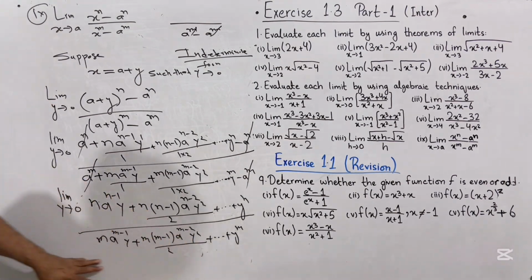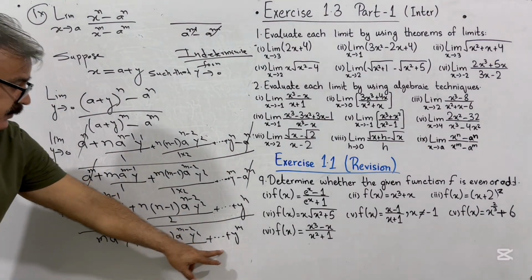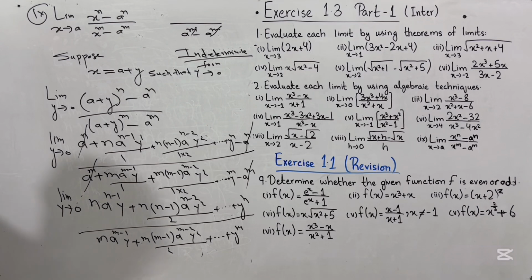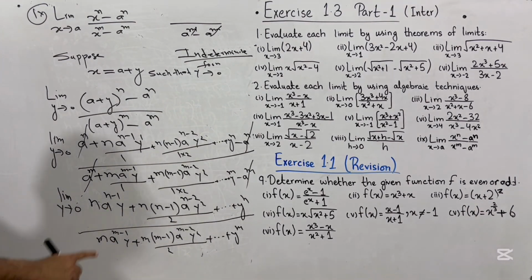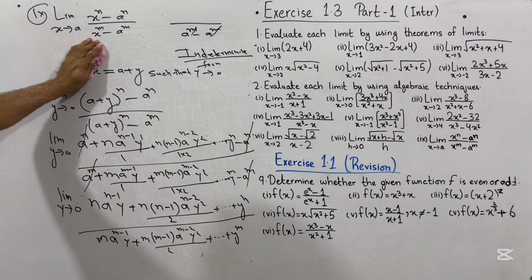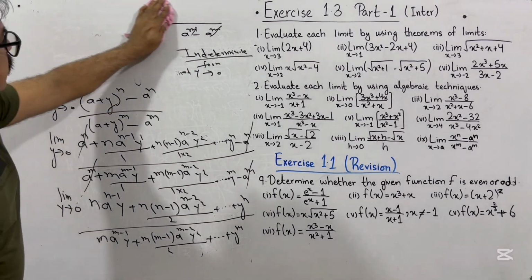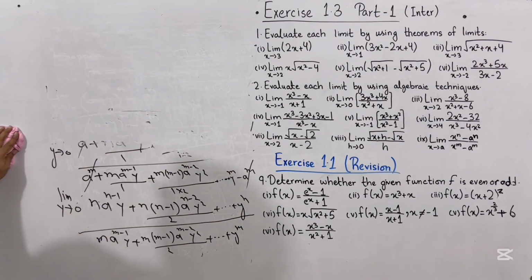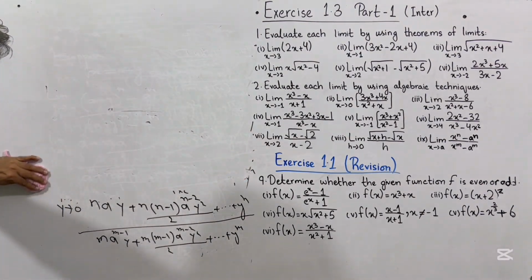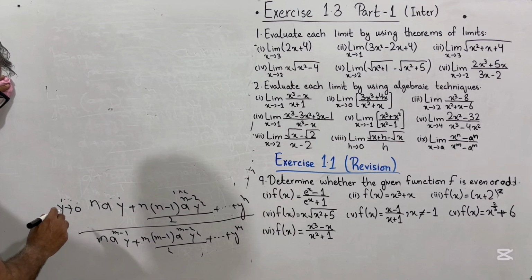Still our overall denominator is 0, so we are not in a position to apply the limit. If we take y common from both numerator and denominator, our situation improves.